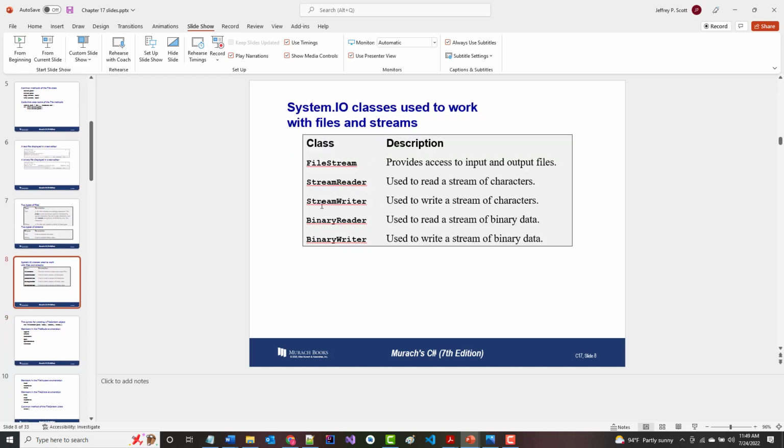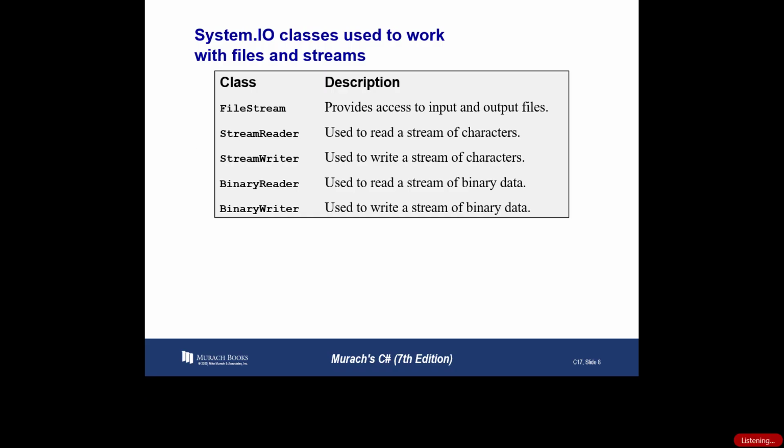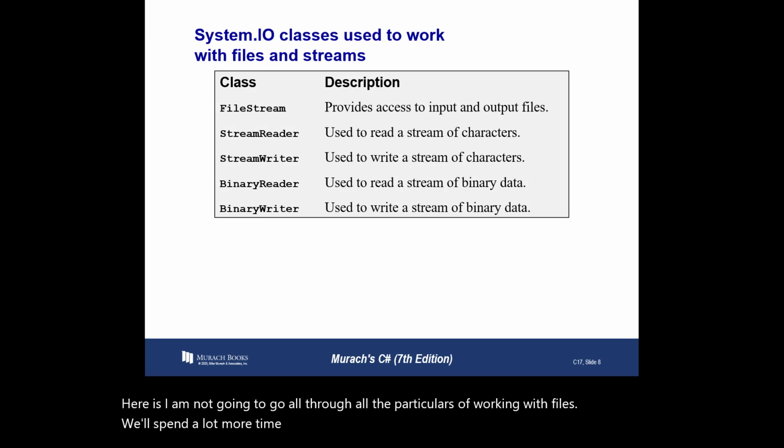All right, so you can see right there, there's a file stream, which we'll use with both. Stream reader, stream writer, binary reader, and binary writer. And again, one thing to understand here is I am not going to go through all the particulars of working with files. We'll spend a lot more time on databases and a lot less time on files.